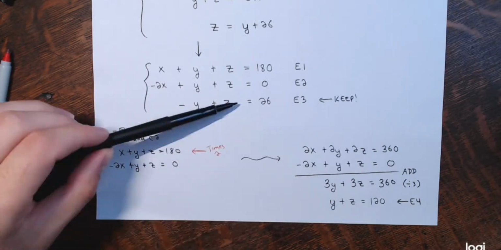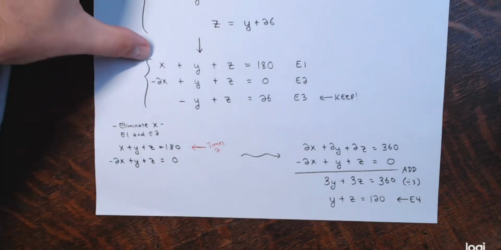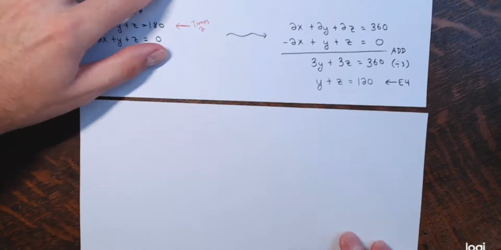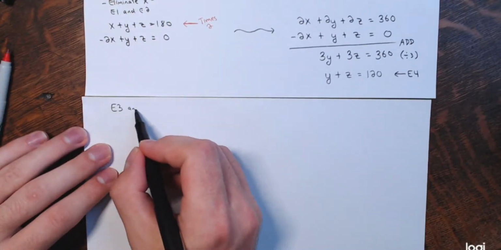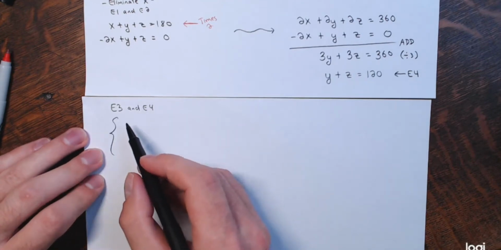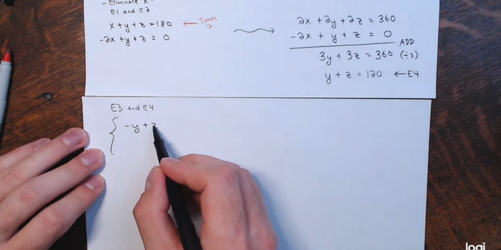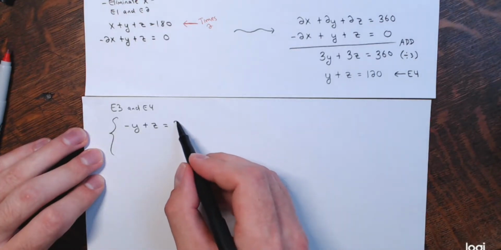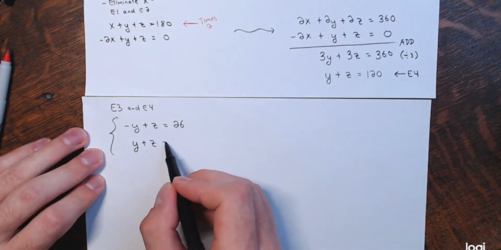So these two form a system with 2 equations and 2 variables, which I'll bring here. Looking at equation 3 and equation 4, we have this system: negative y plus z equals 26, and y plus z equals 120.